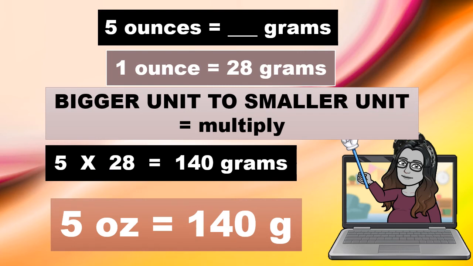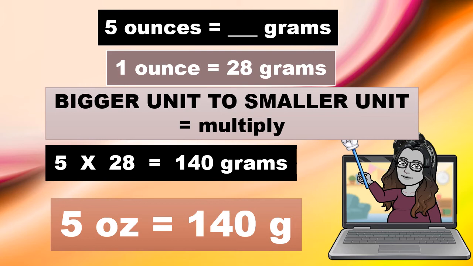Let us have this given. 5 ounces is equivalent to how many grams? So you need to take this conversion. 1 ounce is equivalent to 28 grams. To do this, you have to consider this. If you are going to convert bigger unit to smaller unit, you have to multiply.